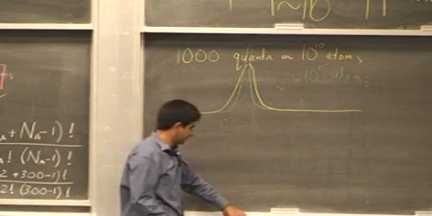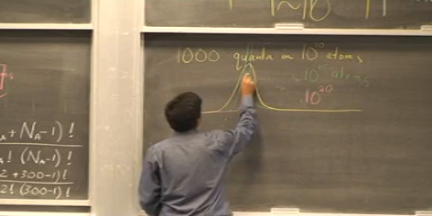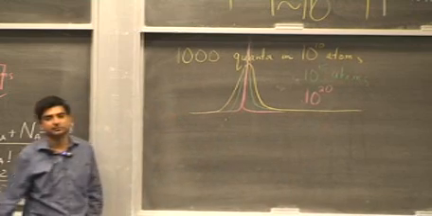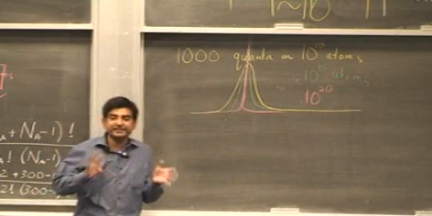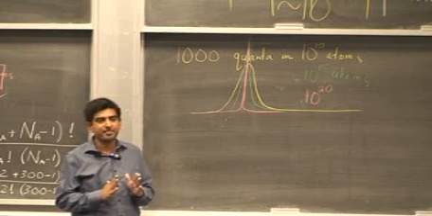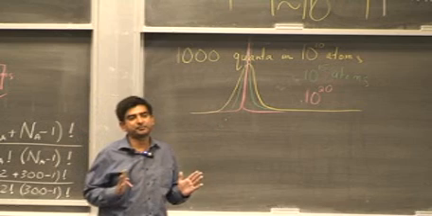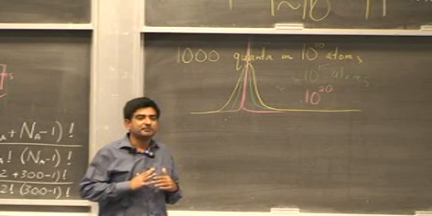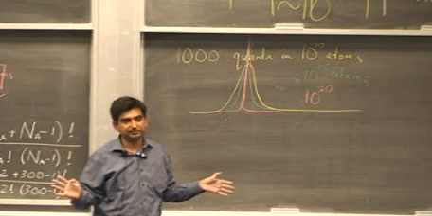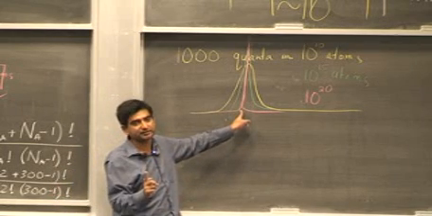If I have 10 raised to power 20 atoms, I will get an even sharper probability distribution. So if I keep on increasing the number of atoms or the number of quanta, this peak sharpens and sharpens. So the probability exists only around a certain point, and the probability is magnificently huge there. So anything else is incomparable. It cannot even be mentioned as compared to the probability at which this peak is occurring.